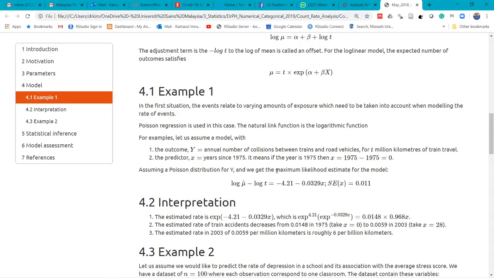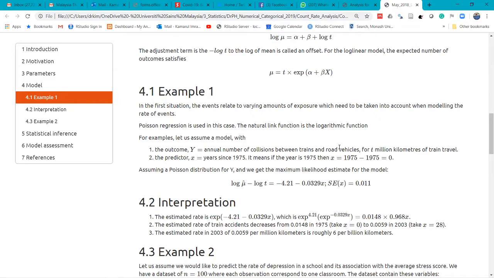Let's take one example here. The outcome y equals the annual number of collisions between trains and road vehicles, per 40 million kilometers of train travel. This is not a common sight, this thing happens rarely.